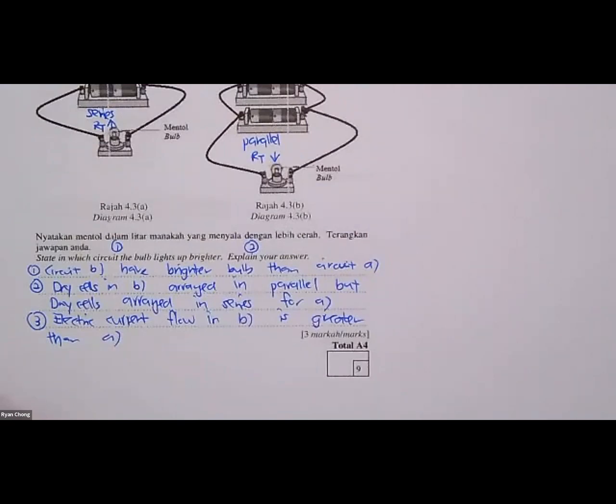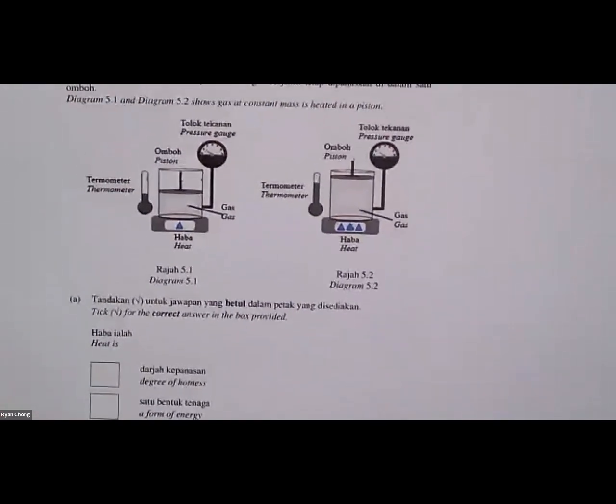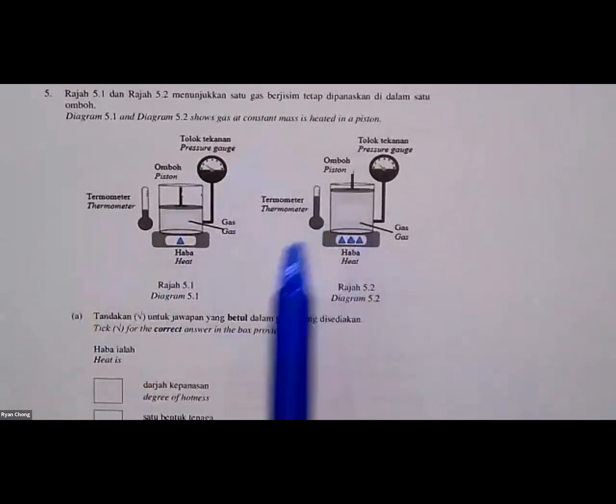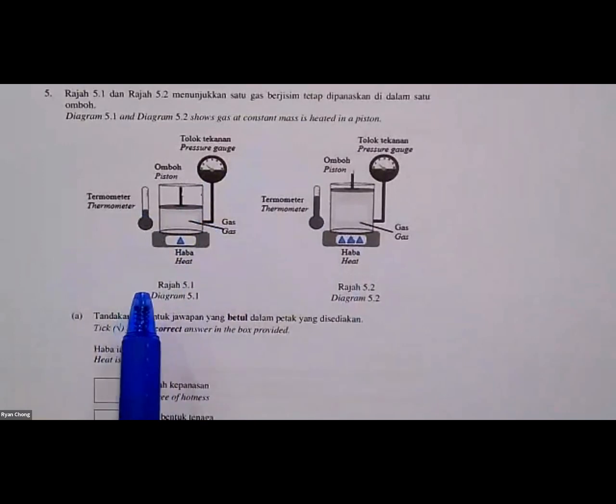All right. So the next one will be the question about heat and pressure. Diagrams 5.1 and 5.2 show gas of constant mass being heated with a piston.